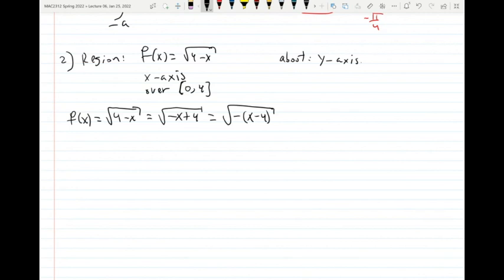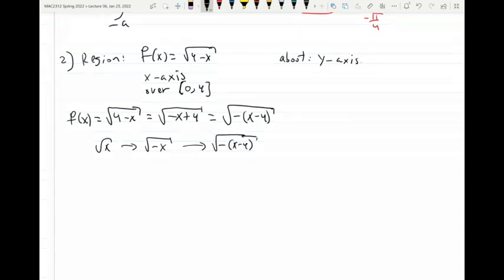This is the square root function, and there are two transformations to it. The first one, this negative here, is a reflection with respect to the y-axis. When you replace x by negative x, this is the sequence of transformations. You start with your square root function, then you replace x by negative x, and then you replace x by x minus 4. Those are the transformations that are happening.